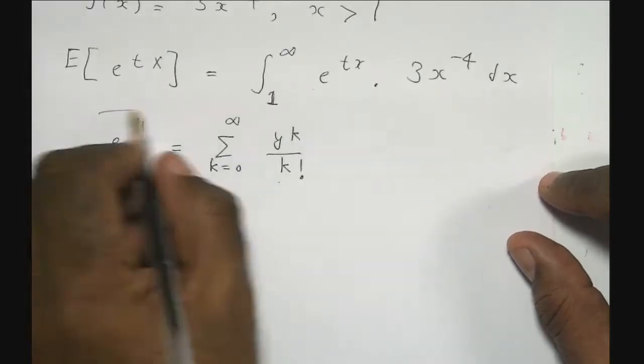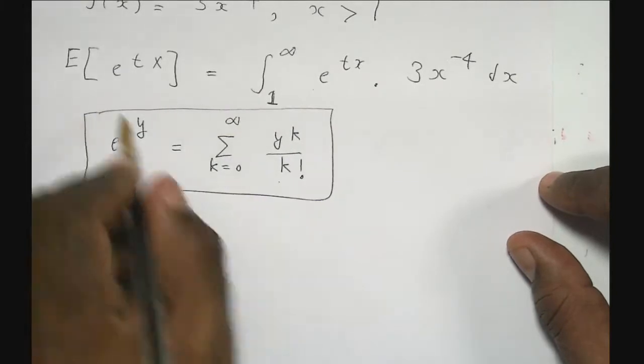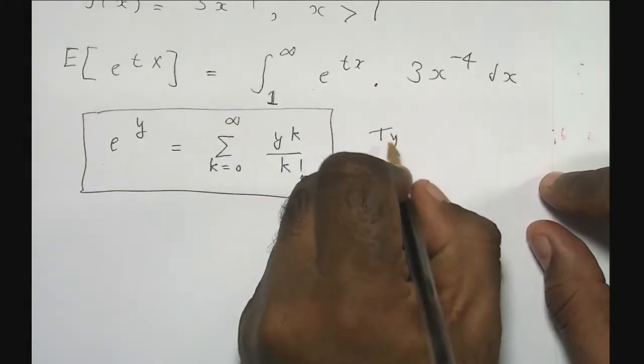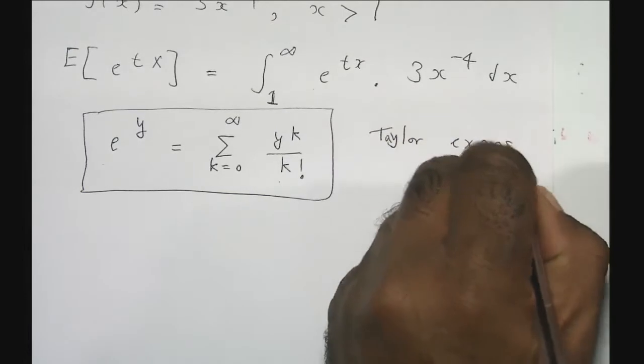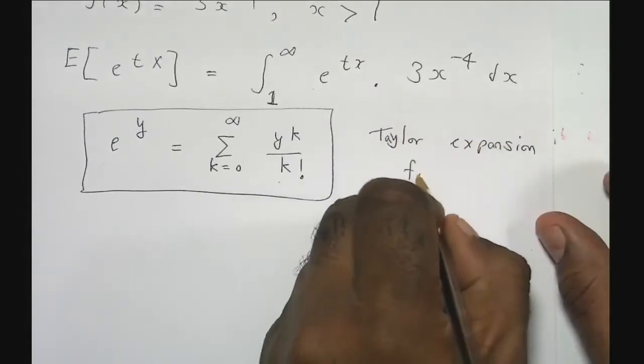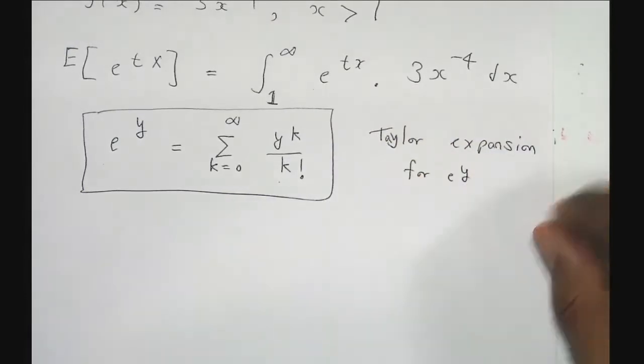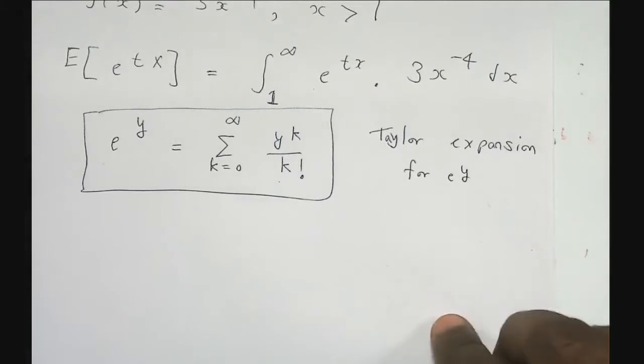Do you guys know this? What's this known as? This is the Taylor expansion for e^y.